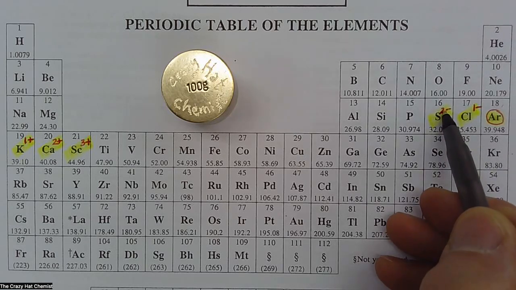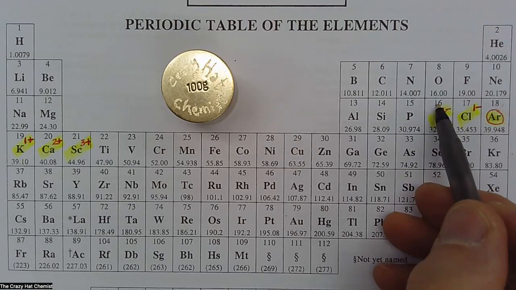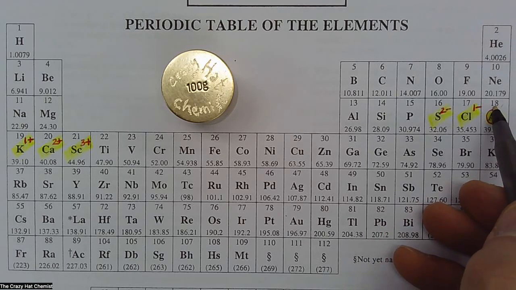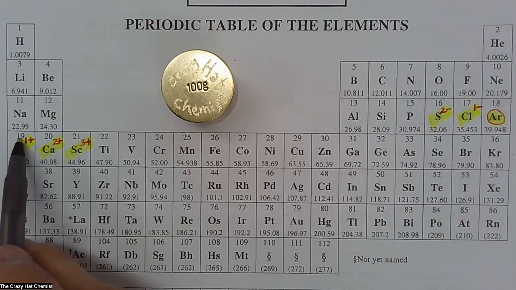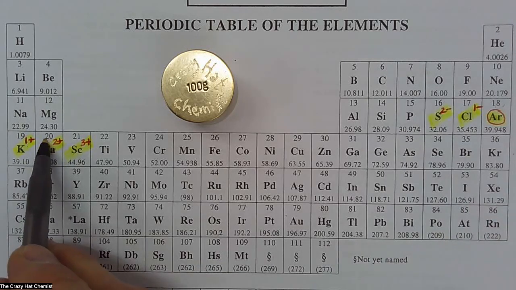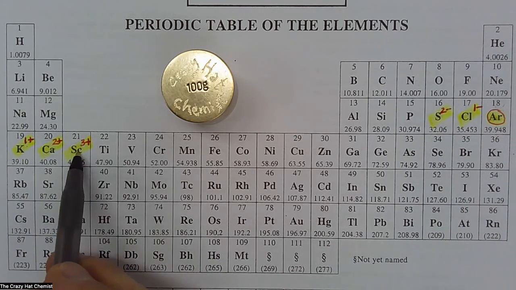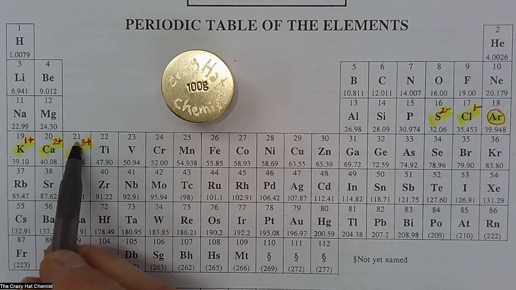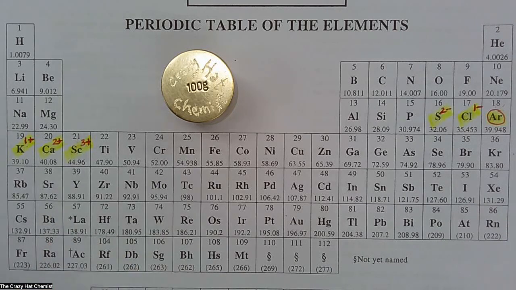Sulfide has two more, so 16 plus 2 is 18 electrons. Potassium has one less, so that's 18 electrons. Calcium has 2 less, that's 18 electrons. Scandium has 3 less, that's 18 electrons. No way, I can't believe it. These are called isoelectronic, right?